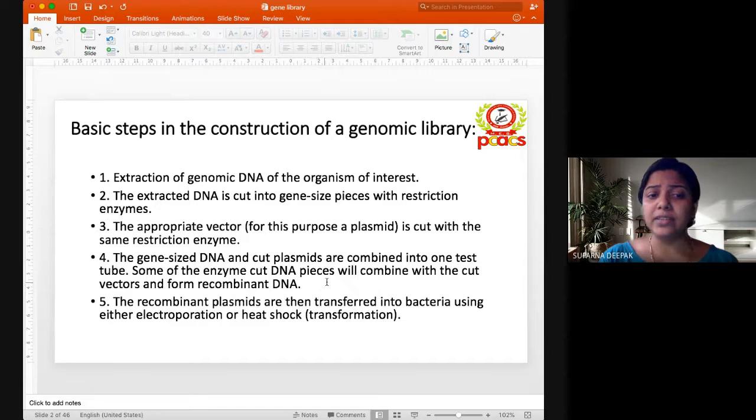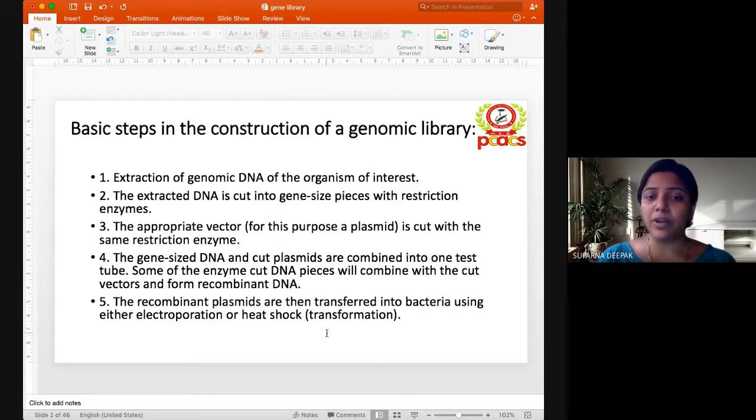The genomic DNA fragments and our cut plasmids are combined into one test tube, and some of this enzyme-cut DNA will combine with the staggered cuts of the vectors, and that's how recombinant DNA is formed.